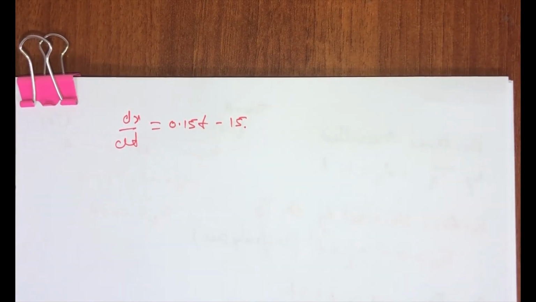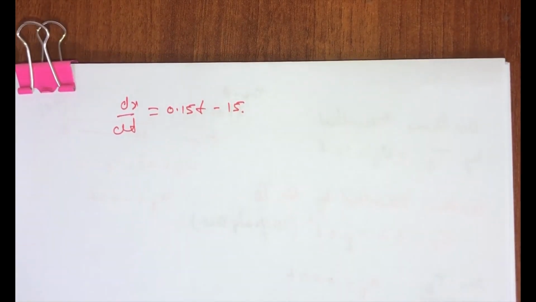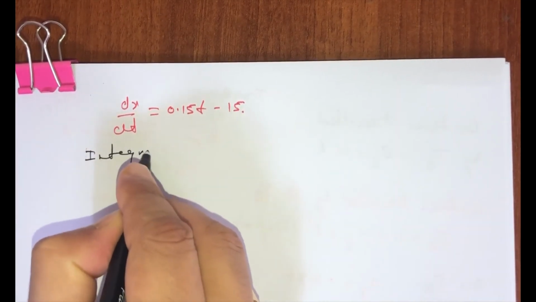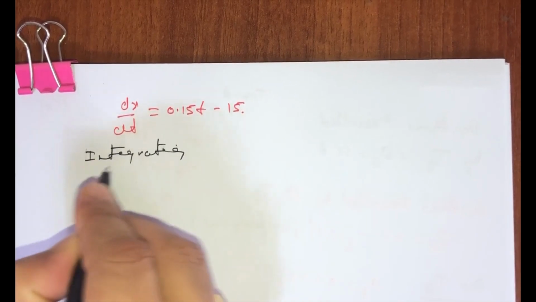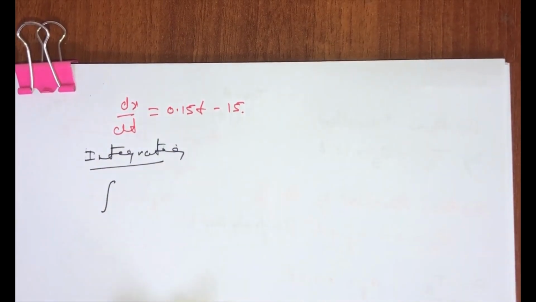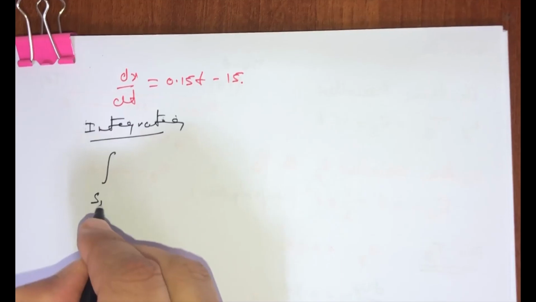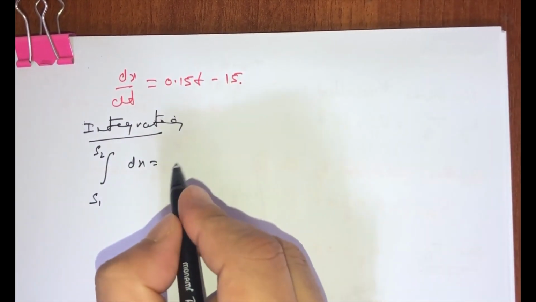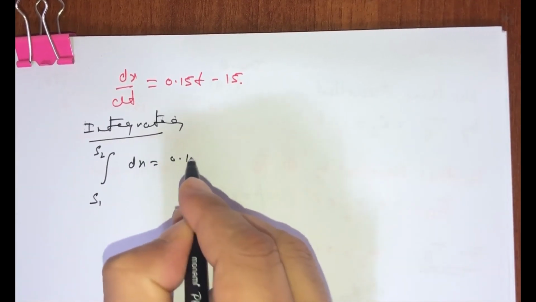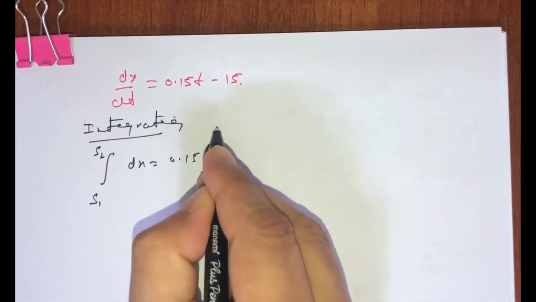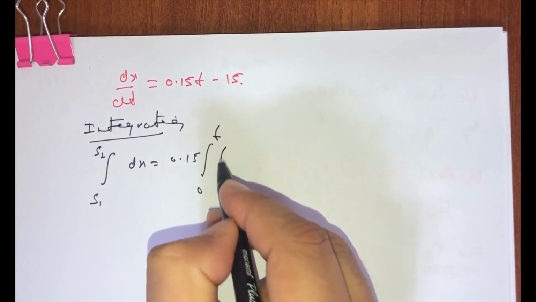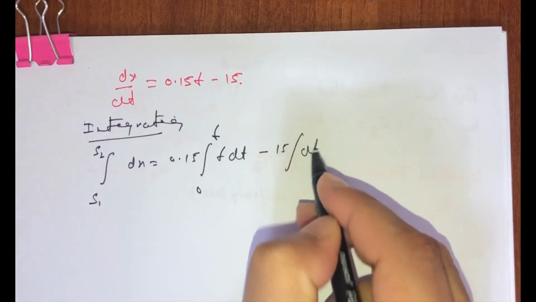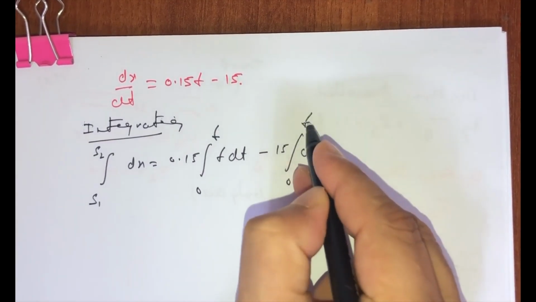Integrating the distance from s1 to s2, dx, and time from 0 to t, 0.15 t dt minus 15 dt, from time 0 to t.